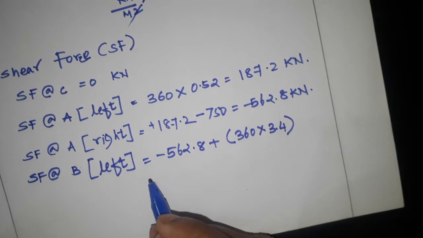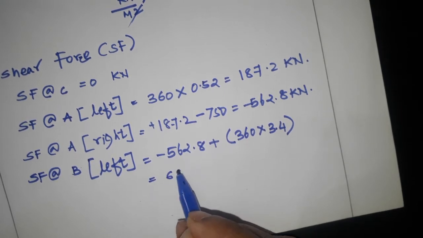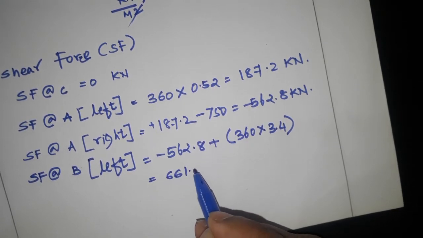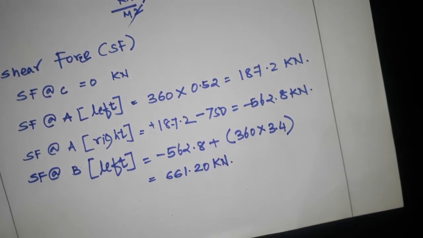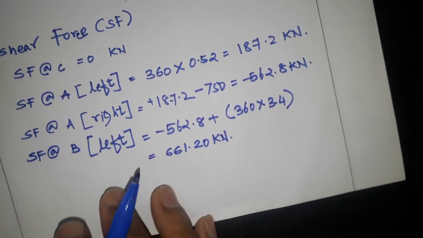So we get 661.20 kilonewton, that is at left. Now we'll go for shear force at B right again.